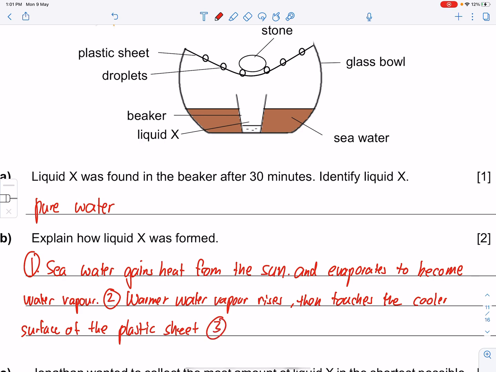Point number 3, loses heat, and point number 4, condenses into water droplet.